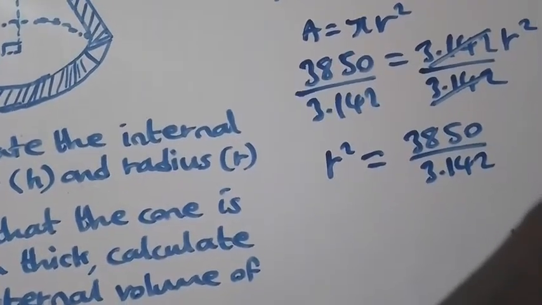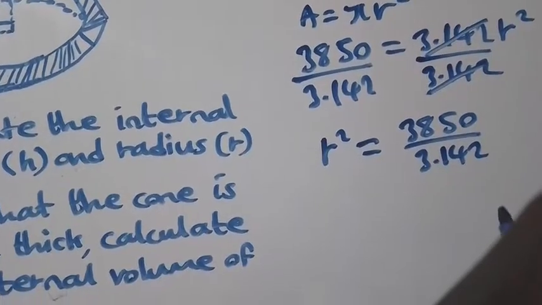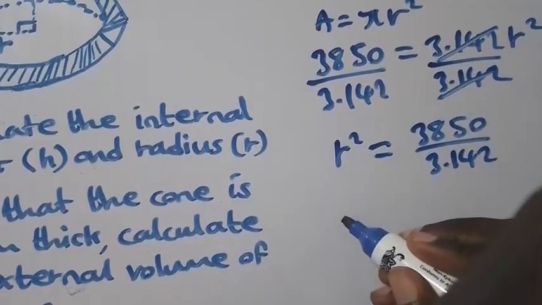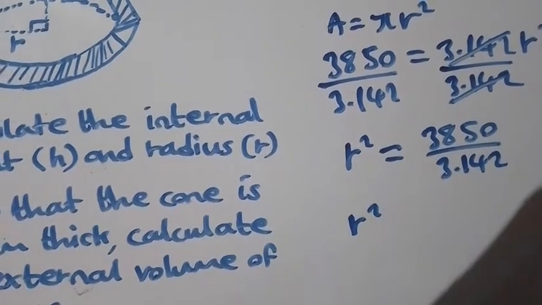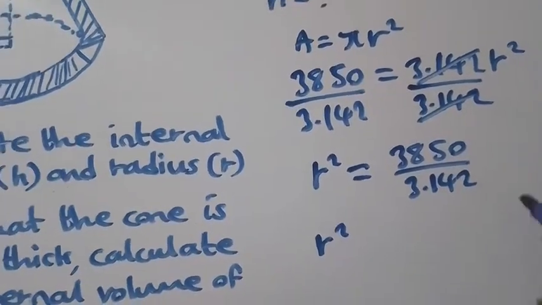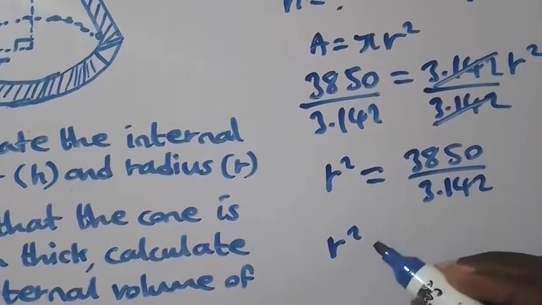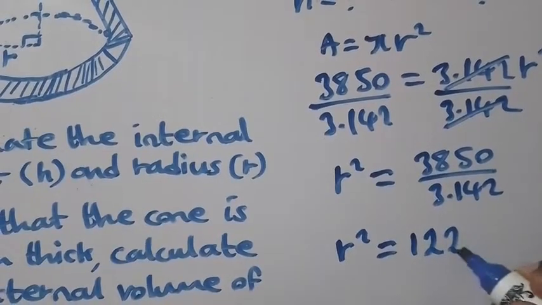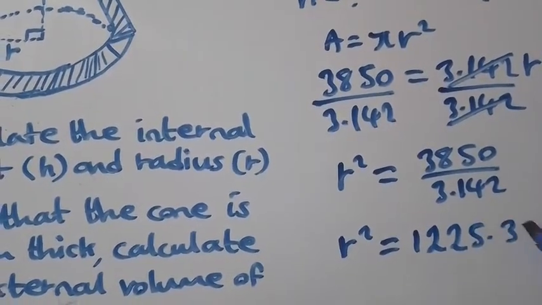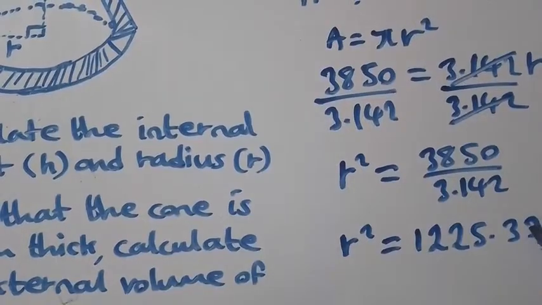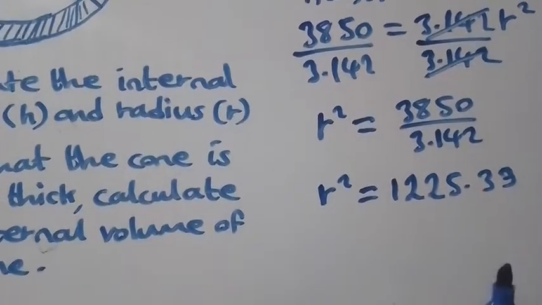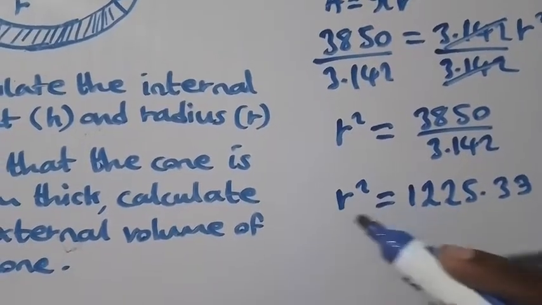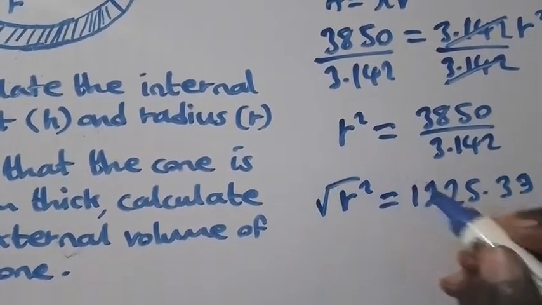At this stage, you can get your calculator and divide the figures. So when we divide this figure, we are getting 1,225.33. So now we need to get rid of this power 2 by introducing square roots to both sides of the equation.